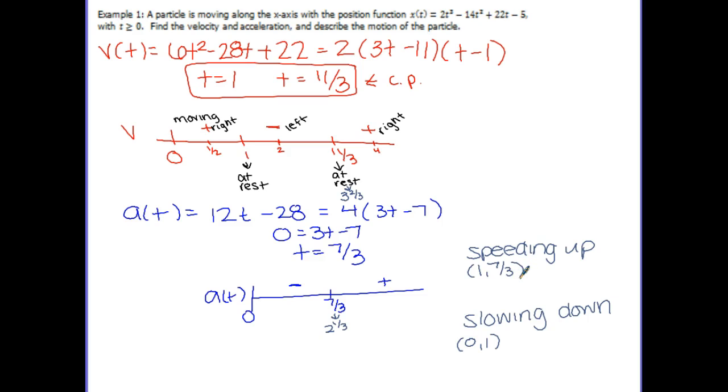Okay, so from 7/3 to 11/3, this is positive, that is negative, therefore we are slowing down. 11/3 and on it's positive, 7/3 and on it's positive. So if both are positive, speeding up.